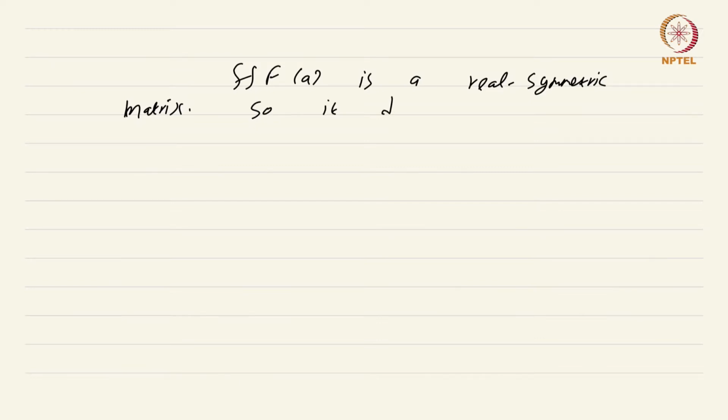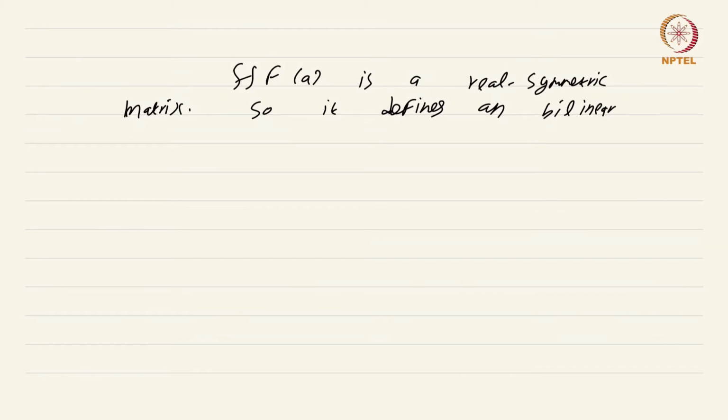Well, recall that the Hessian of f at a is a real symmetric matrix. So it defines an inner product. Rather, it may not define an inner product, it just defines a bilinear form.